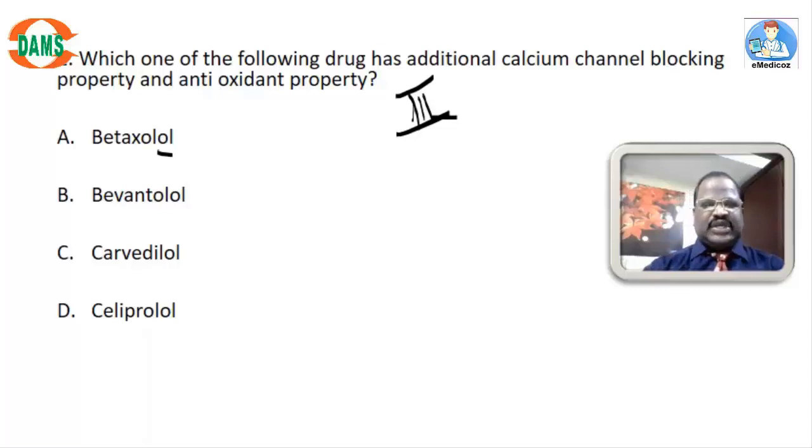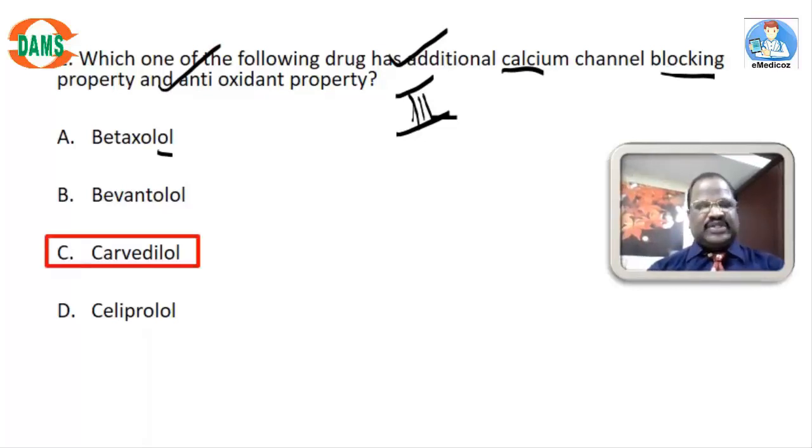Now the question is, which beta blocker additionally has calcium channel blocking property as well as antioxidant property? The answer is option C, carvedilol.